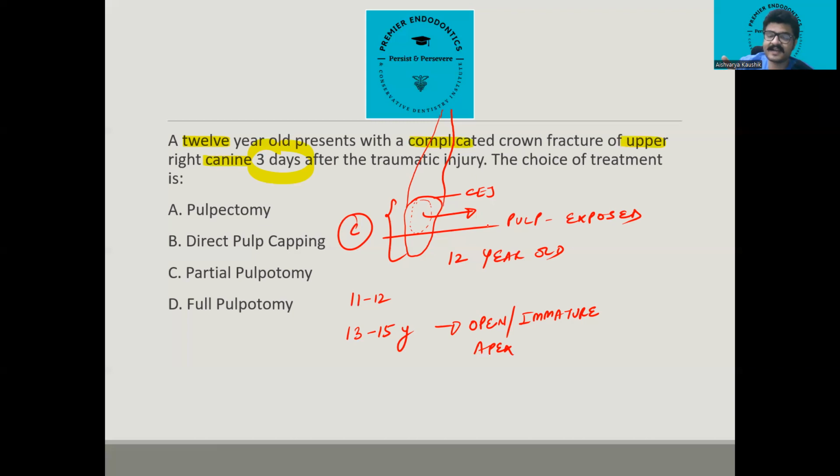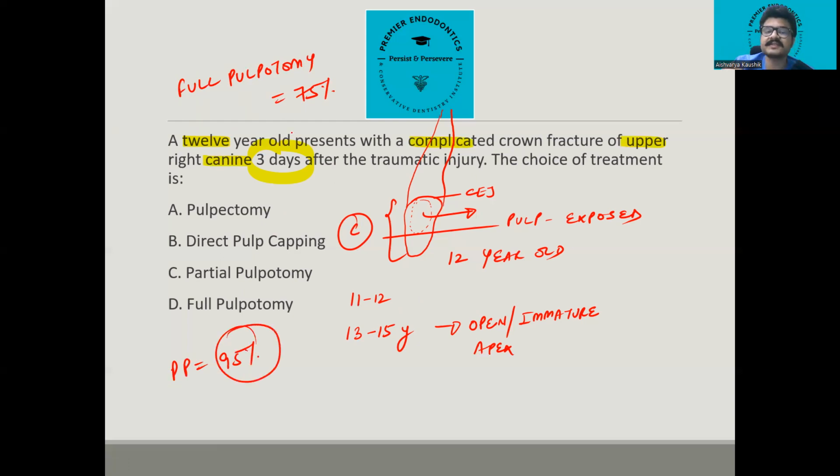Now, the success rate is significantly less. The success rate of a full pulpotomy is only 75%, as opposed to the success rate of a partial pulpotomy, which is up to 95%.